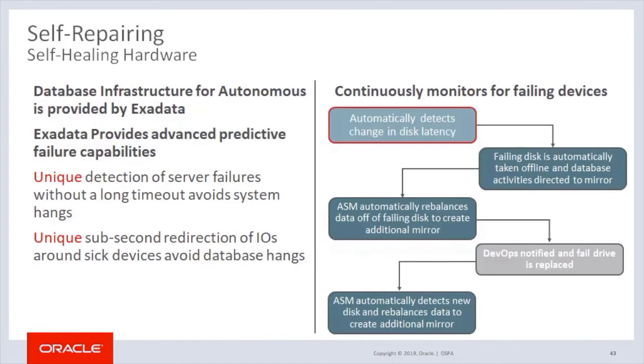Exadata not only continuously monitors for failing devices, it also provides redundant database servers that provide active, highly available clustered servers, hot swappable power supplies and fans, and redundant power distribution units. It provides redundant storage grids that provide data mirrored across storage servers, redundant non-blocking I/O paths, and redundant networks that include redundant IB connections and switches.